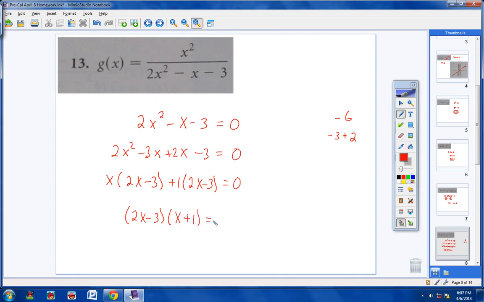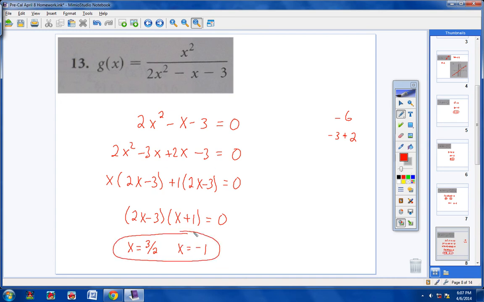There we go. Not too bad. So now we take each group and set each group equal to 0. If we do that correctly, this would be x equals 3 halves, and if we set this group equal to 0, it would be x equals negative 1. All right, so there we go. That's it. We found the vertical asymptotes for this function, okay?